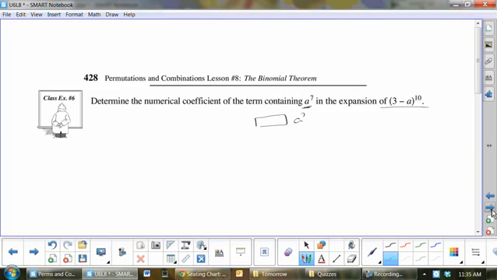Okay, can you even comprehend how overwhelming this would be if you're going to try it just by doing it the long way? I would skip this question for sure if I didn't know what I was doing, because it's going to take a lot of time away from your exam. But if you know this little formula, even if right away you just know I need to use that formula, you're going to get it.